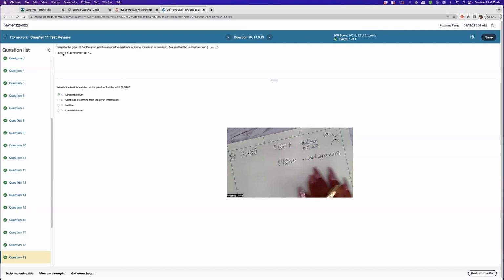Okay, so it's just using your definitions. Make sure you have this in your notes, in your toolkit, so you're able to identify based off of your first derivative and your second derivative if this point is either local minimum, local maximum, or if it doesn't represent anything.